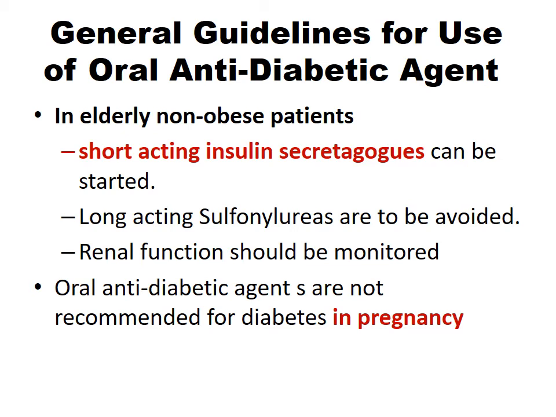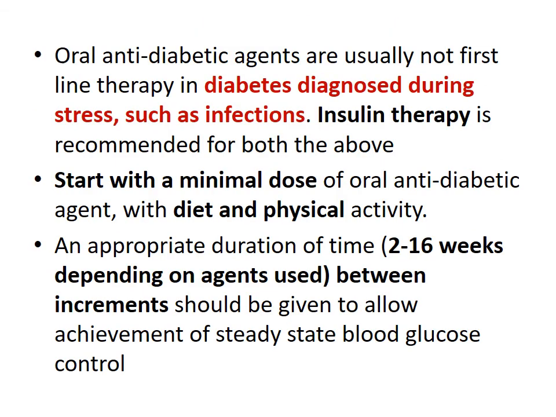Diabetes in pregnancy is usually treated with insulin. Oral antidiabetic agents are usually not first-line therapy in treatment of diabetes diagnosed during stress or infections. Insulin therapy is used in these cases. When using oral antidiabetic drugs, we usually start with a minimal dose combined with diet and physical activity.